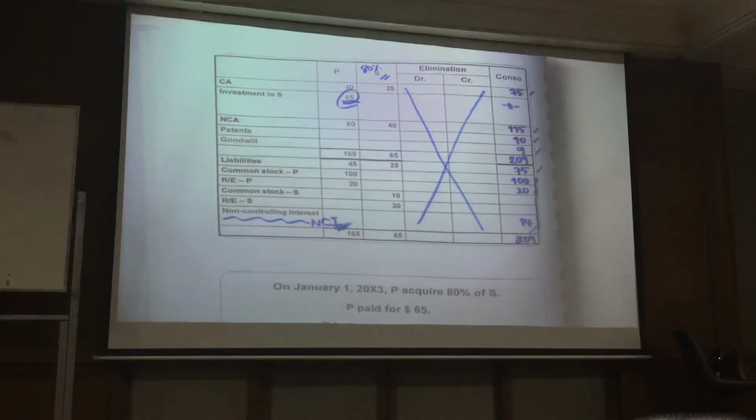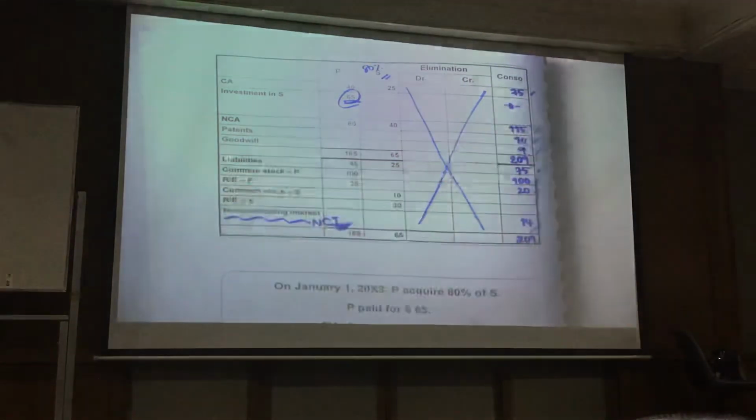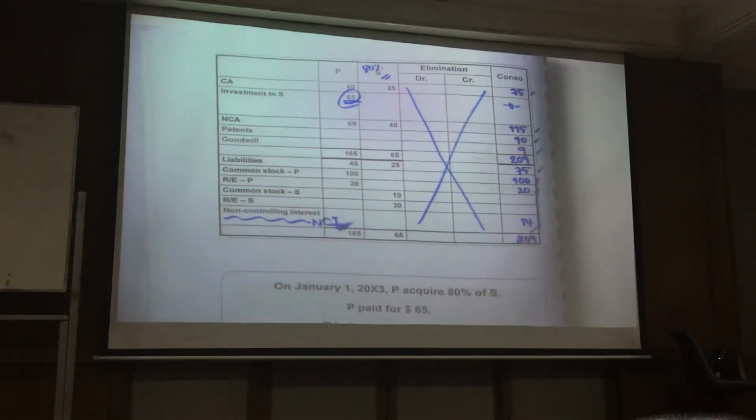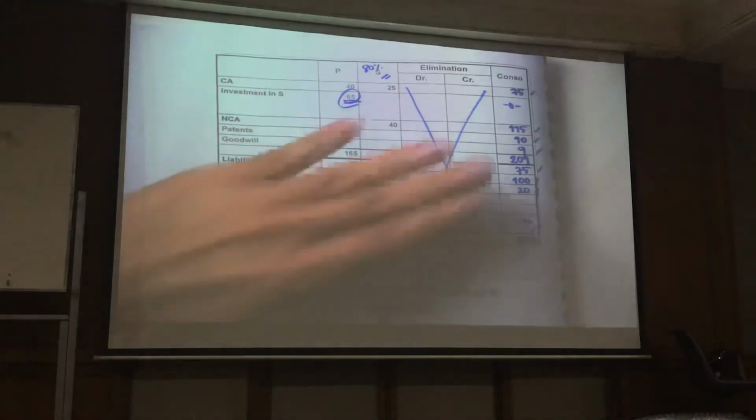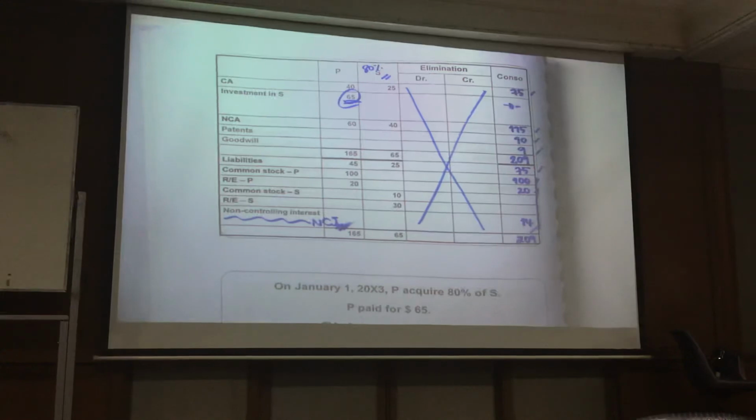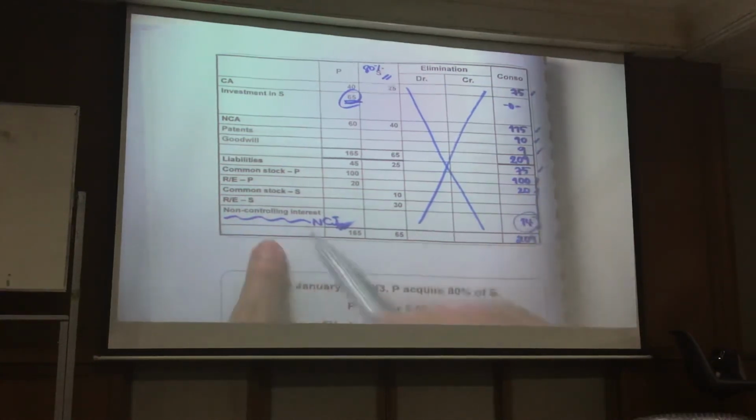I want to see what? Asset, book value of myself with fair value of my subsidiary, 100%. Liability, myself, book value, fair value of asset, liability, 100%. But I didn't own 100%, so I need to show this guy for you, NCI.